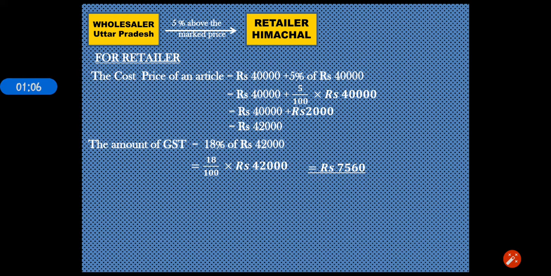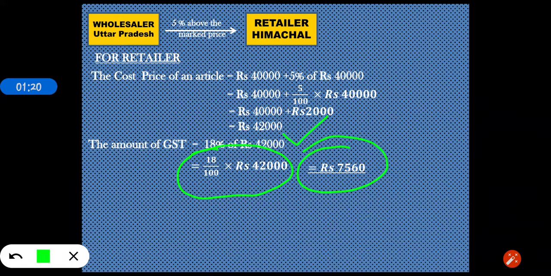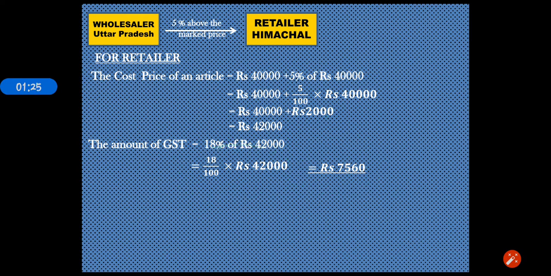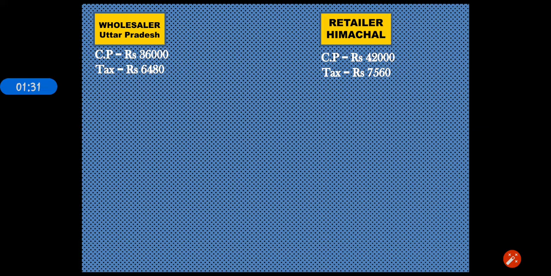Now we'll calculate the amount of tax, the amount of GST. Amount of GST is equal to 18% of rupees 42,000. So 18 divided by 100 into 42,000 is equal to rupees 7,560. So the amount of GST is equal to rupees 7,560. Now a summary.